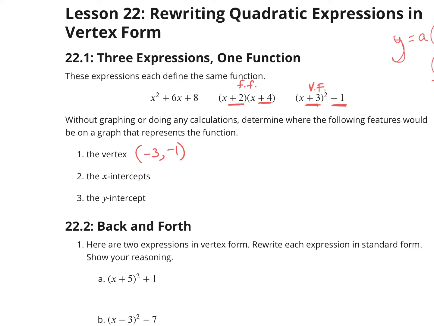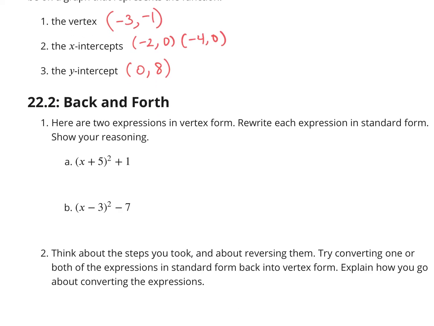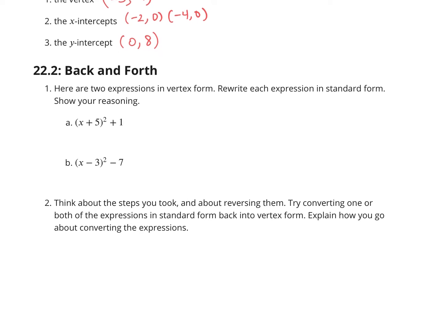So my x-intercepts are (-2, 0) and (-4, 0). And then finally for the y-intercept, I do need to use standard form, which is the first expression, and that's just the c value. So in this case, the y-intercept is (0, 8).